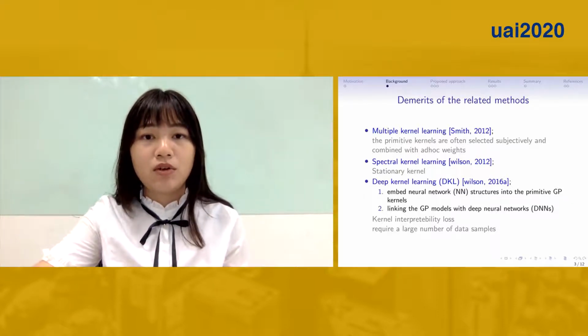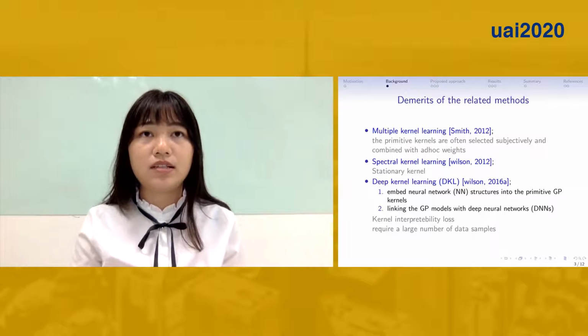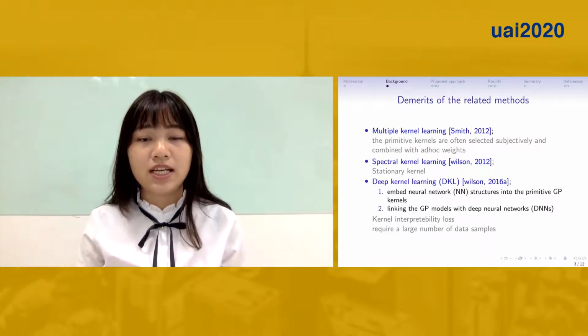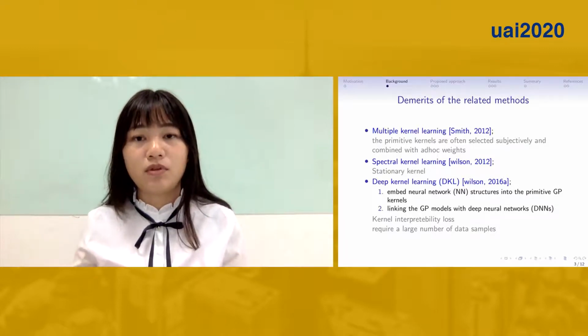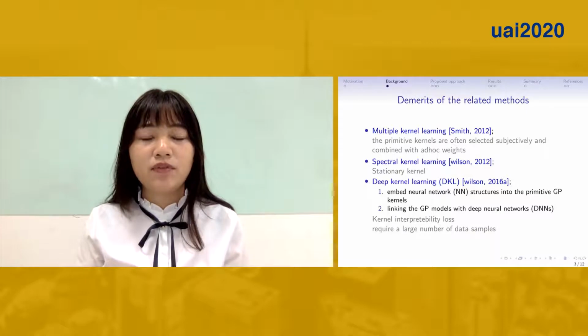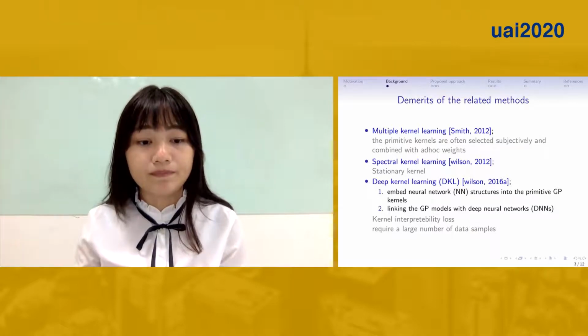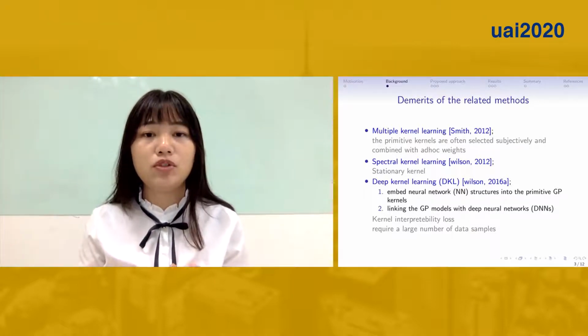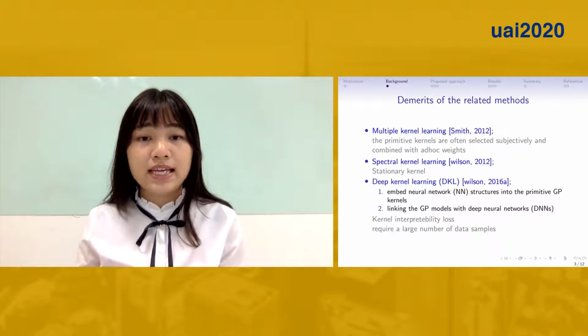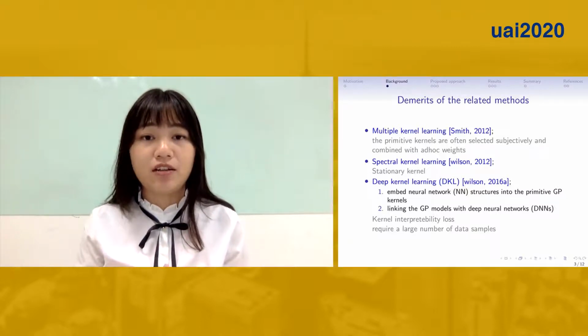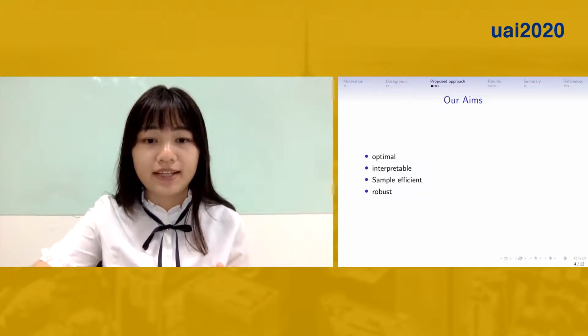As we know, deep neural networks are not very interpretable models, and a lot of people are working on interpretable deep neural networks. So if you combine these two, the model interpretability will definitely lose some. And if you want to train the deep neural networks well, you need a lot of training samples.